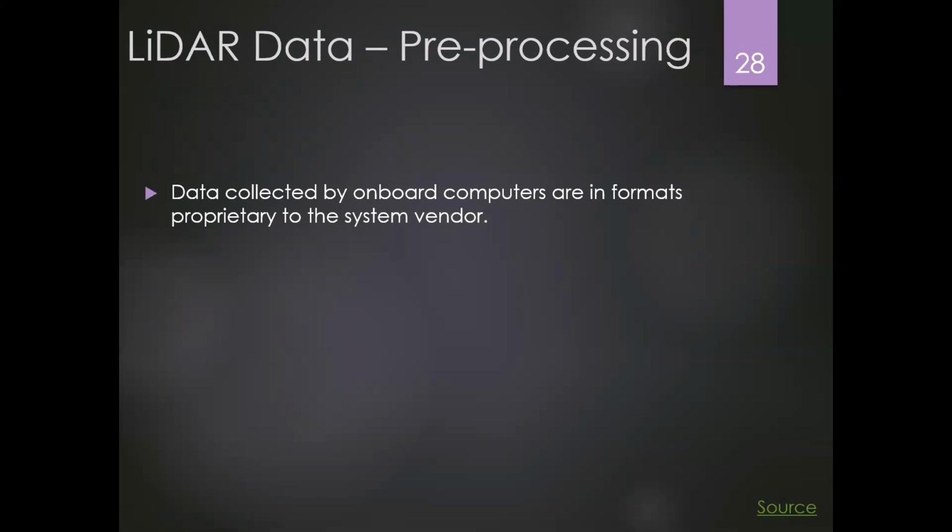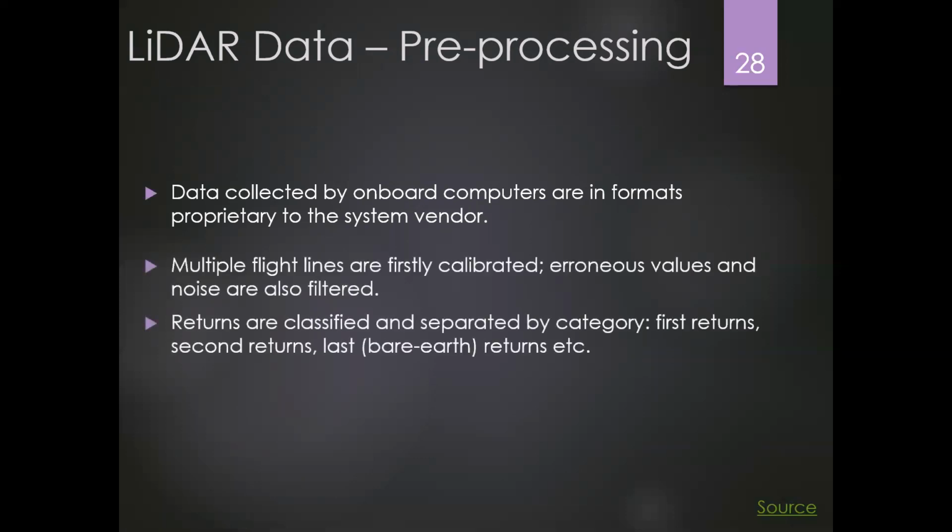Data collected by the onboard computers are in formats decided by the system vendor, which means different LiDAR sensors, different producers of them, they have their own raw data format, of course for their business benefits, right? And the multiple flight lines are firstly calibrated.